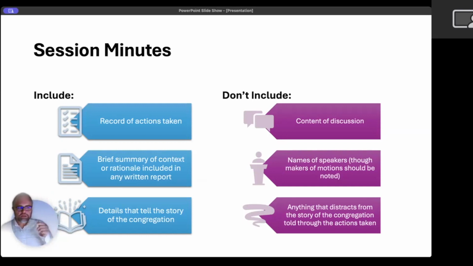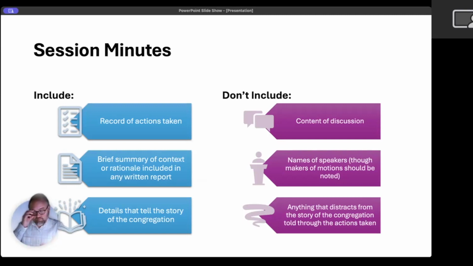Because that gets to the third thing you always want to include. You want to include the details that tell the story of the congregation. Because somebody is going to look at these minutes at some point in the future, and they're going to try to understand what's going on, what you were doing in that moment.